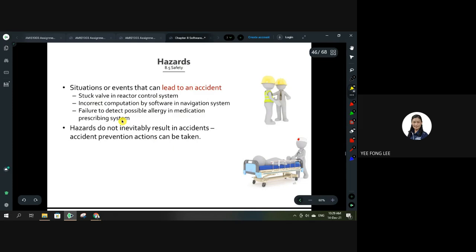All these are hazards, conditions that potentially cause or lead to accidents. Hazards do not inevitably result in an accident. Accident prevention action can be taken.